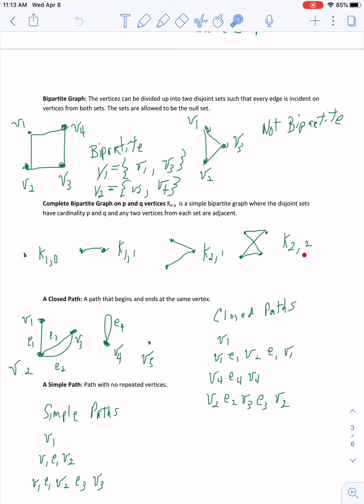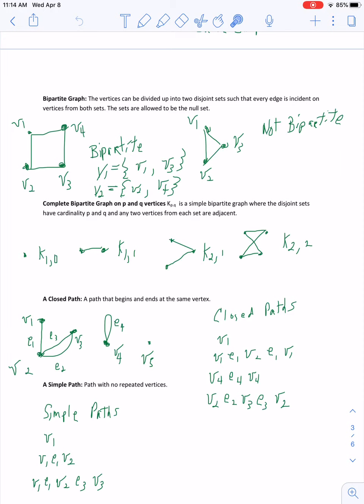Now what does K_{2,2} look like? So I have two vertices in the first set, two vertices in the second. I have to draw an edge from each vertex here to each vertex there. So here's one way it can look. Now, notice that I have edges crossing.